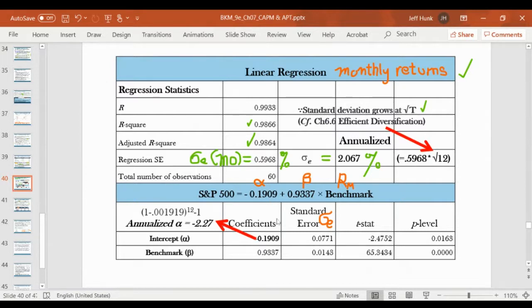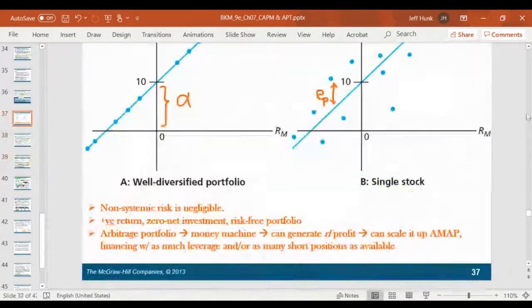It doesn't seem that big, right? In other words, what that means is this monthly standard error is only about 0.59, and annually only about 2 point something, right?